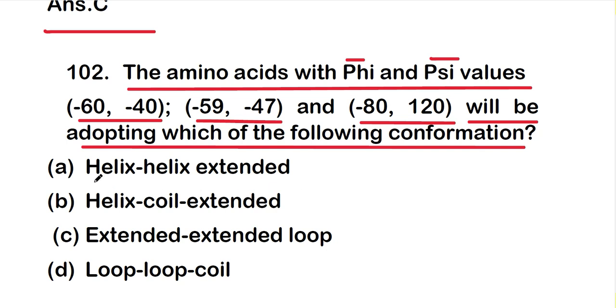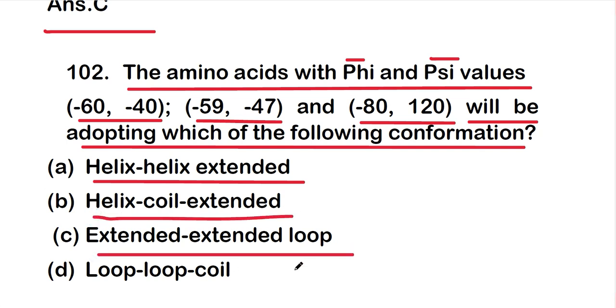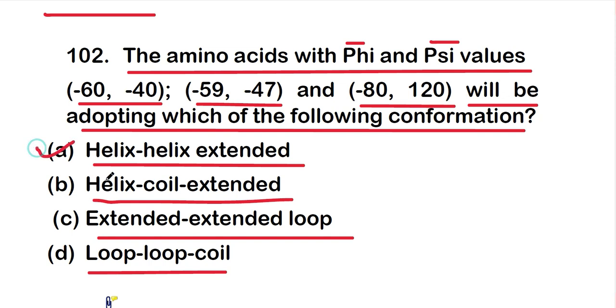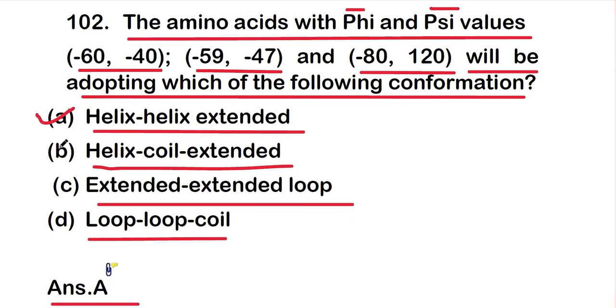And the options are helix helix extended form, or helix coil extended form, or extended loop form, or loop loop coil form. So the right answer is option A, that is helix helix extended form.